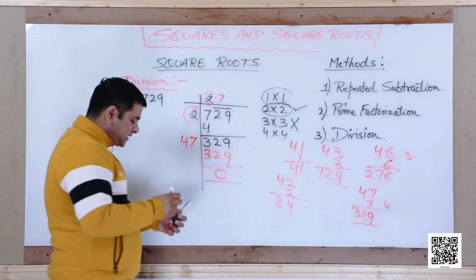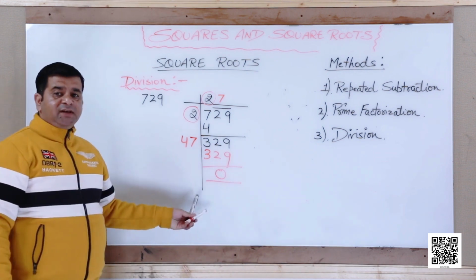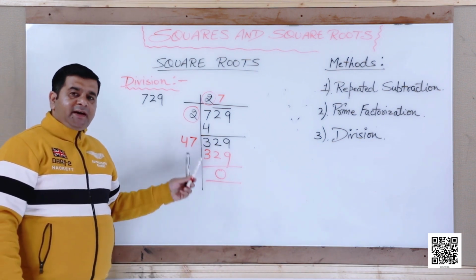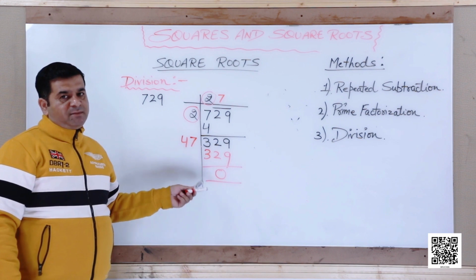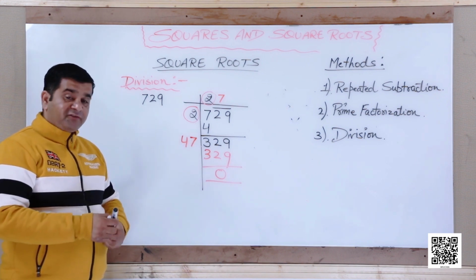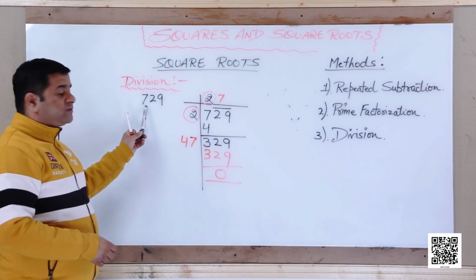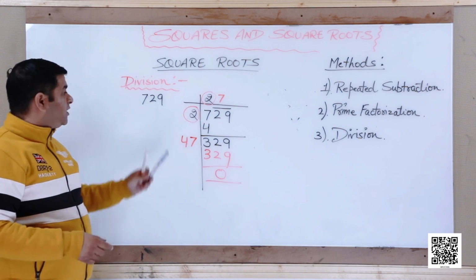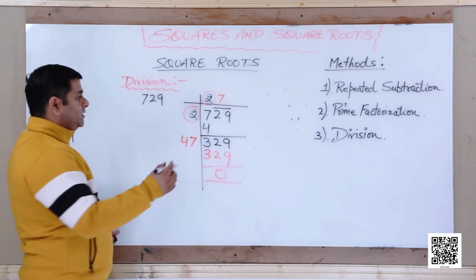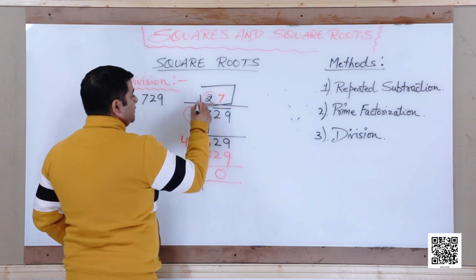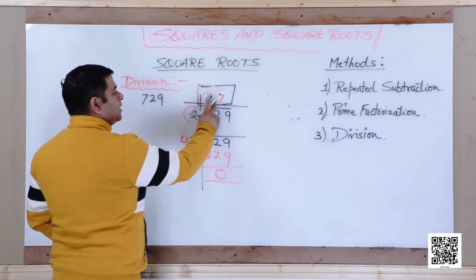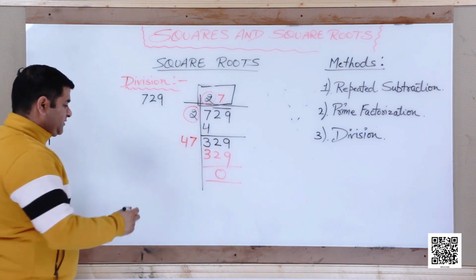Now students, as you see, the remainder is 0, it means our division has come to an end. So we had to find the square root of 729, and the square root of 729 will be this number, and this is 2 and 7, that is 27.